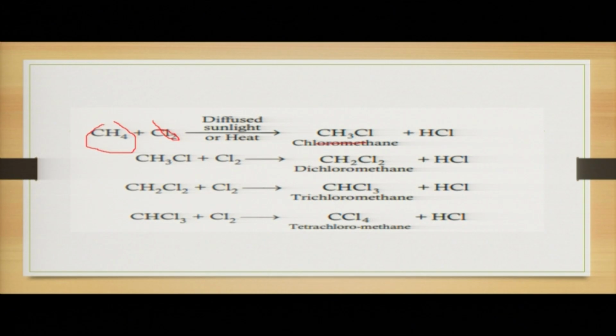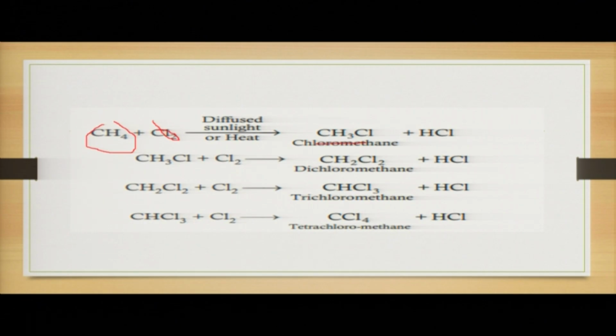The other hydrogen displaced forms hydrogen chloride. So that is the chloromethane that is formed. The reaction is continuous until all the hydrogens are substituted. So the reaction is called a substitution reaction.